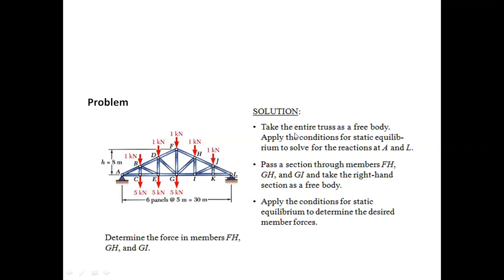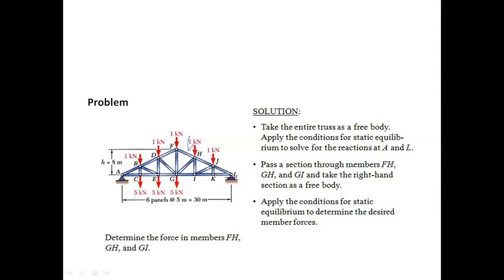First point, take the entire truss as a free body and apply the conditions of static equilibrium to solve for the reactions at A and L. We will find the reactions first, the same way as we used to do. Now pass a section through FH, GH and GI.